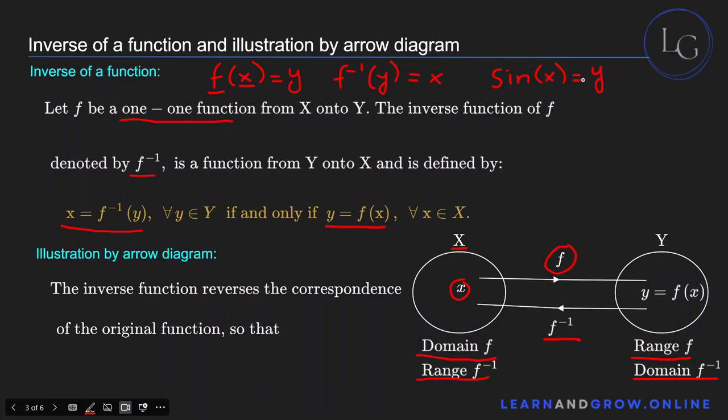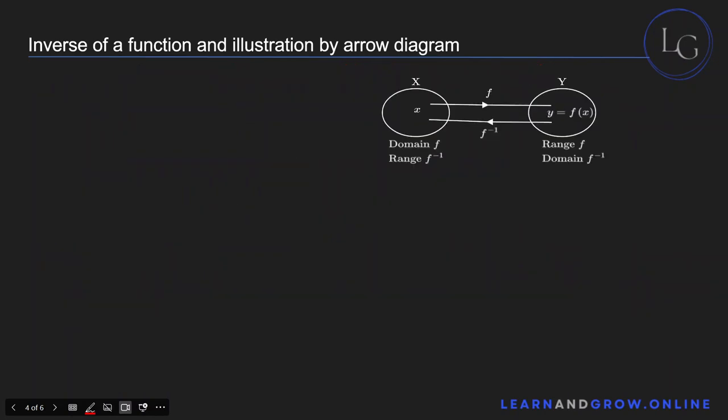If sine of x is equal to y, you know very well that when you need to find x, you take sine inverse of y. That'll give you the value of x at that y point, right? So f inverse of y is equal to x when f of x is equal to y. That's just simple.